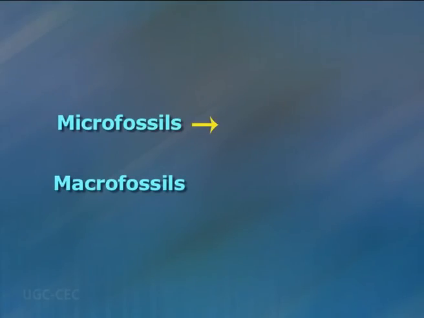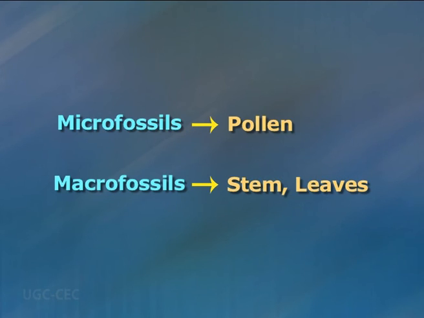Both microfossils, for example pollen, and macrofossils, for example stem and leaves, are used as the source of systematic data. Palaeobotanic studies are helpful in determining the evolution of the floras as well as in determining the ecological conditions of the past. Fossils play an important role in taxonomy and phylogenetics.